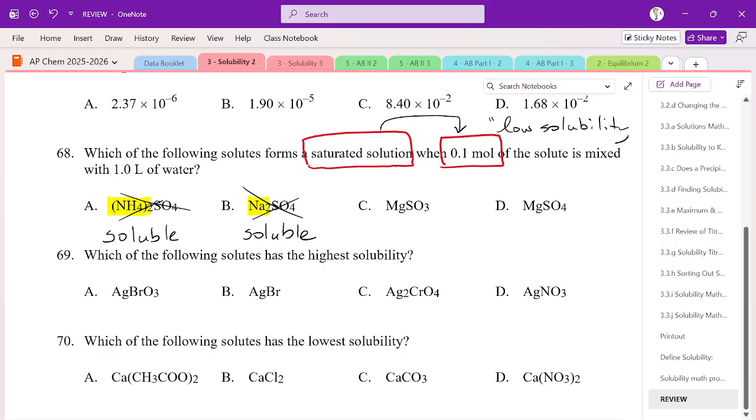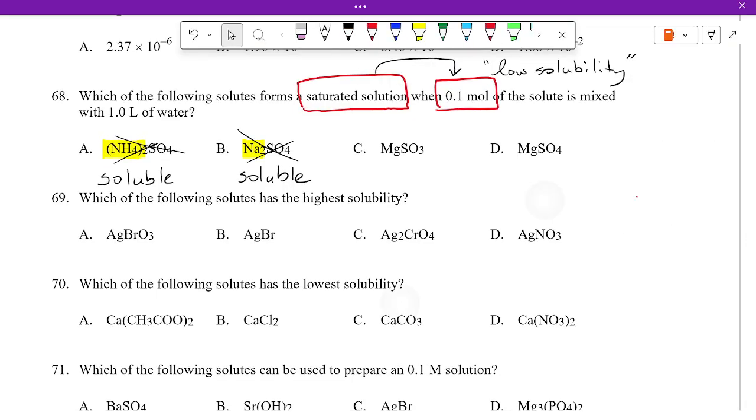69, which of the following salts has the highest solubility? All right, so we are looking at silver bromate, bromide, chromate, nitrate. Okay, oh, well that's easier than I thought. What do you see? I don't even need to go look anything up.